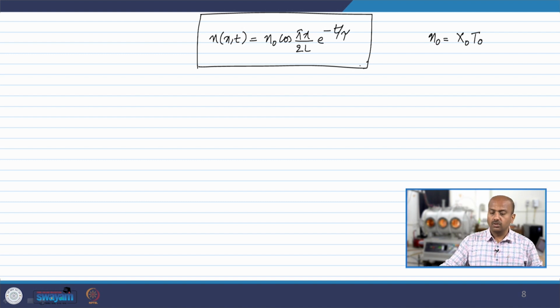This is a very interesting solution. If you see this, you have both cos pi x and exponential minus t. So, concentration as a function of space and time decays exponentially as a result of diffusion.